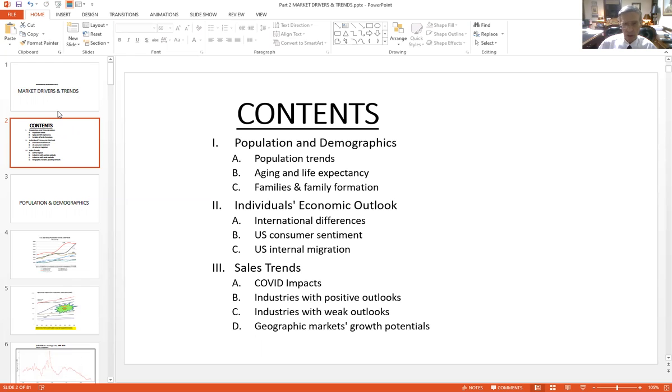Then we'll move on to take a look at a few industries that have demonstrated positive outlooks where growth is continuing, and others where that's not the case, where the outlook is weaker. And we'll wind up talking about some differences between marketing conditions in different parts of the world, again, without getting into excruciating detail.